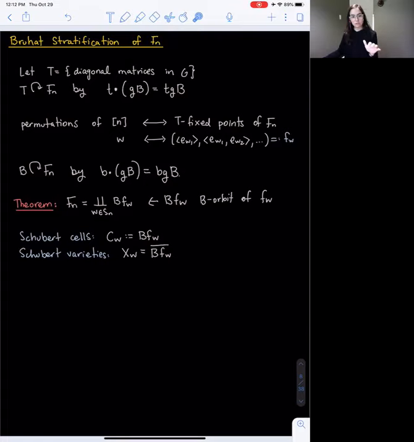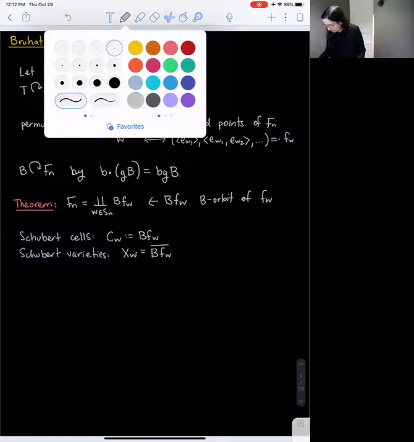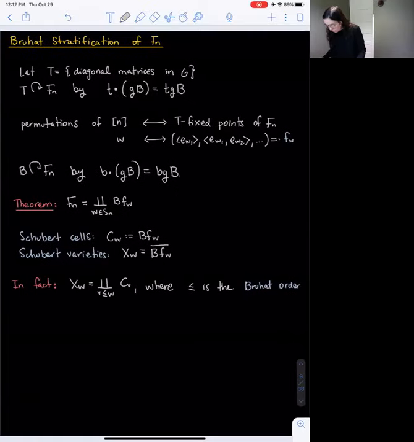That's going to be the initial theme. So you can really close Schubert cells in a combinatorial way. In fact, you can close your Schubert cell by taking a disjoint union of Schubert cells.